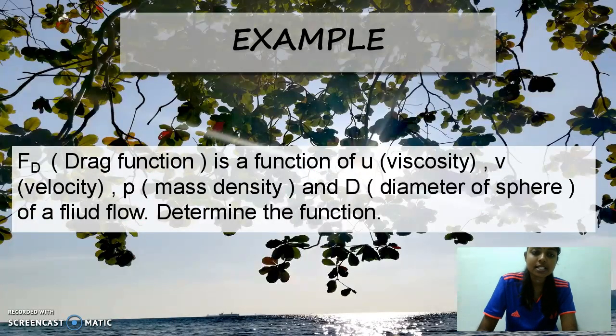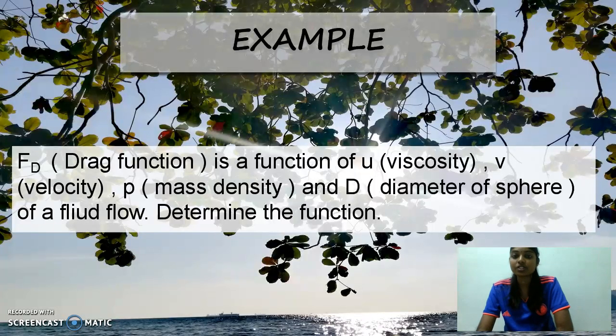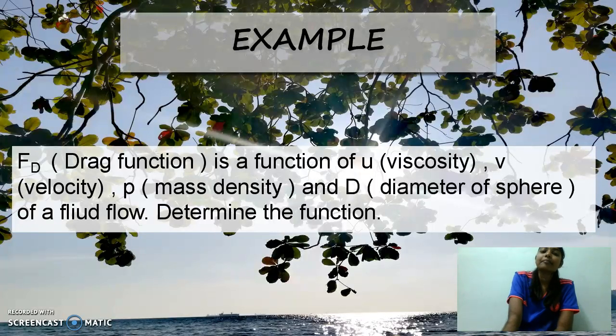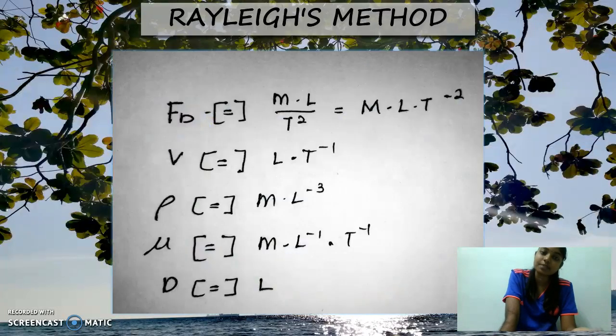The question is: Fd, drag force, is a function of mu, viscosity, v, velocity, rho, mass density, and d, diameter of a sphere in a fluid flow. Determine the function. So we have to simplify this. The first step is to get the dimensions.